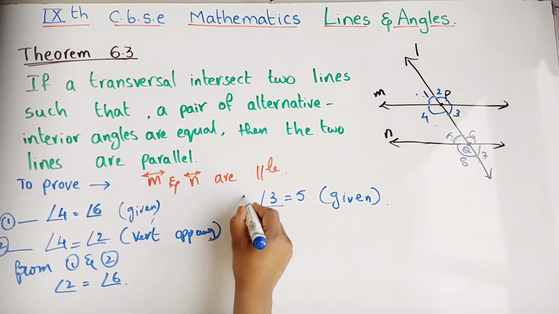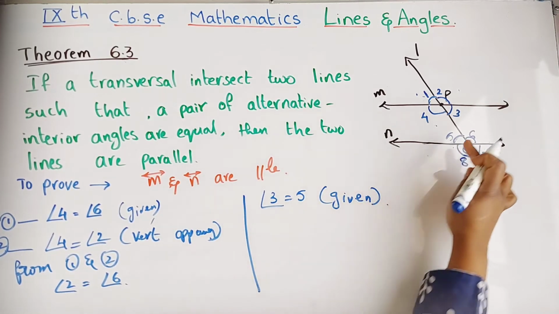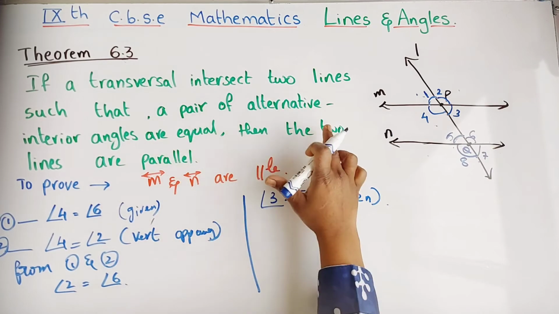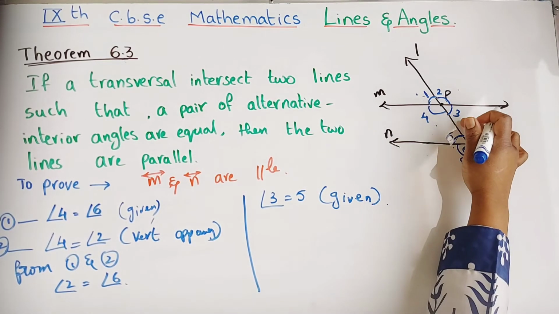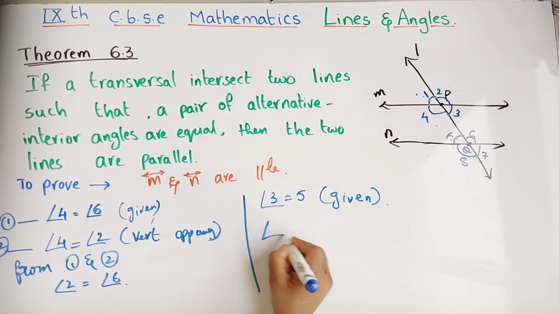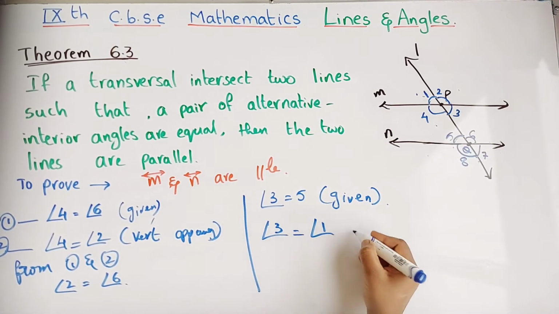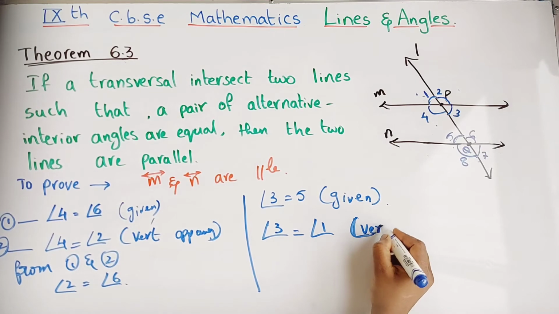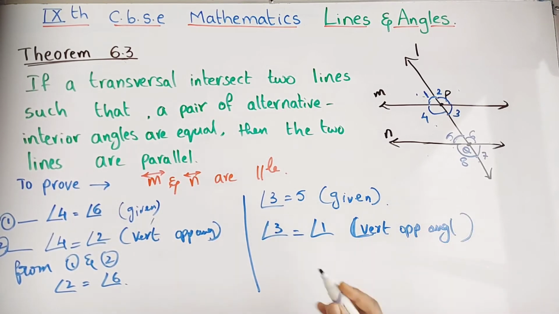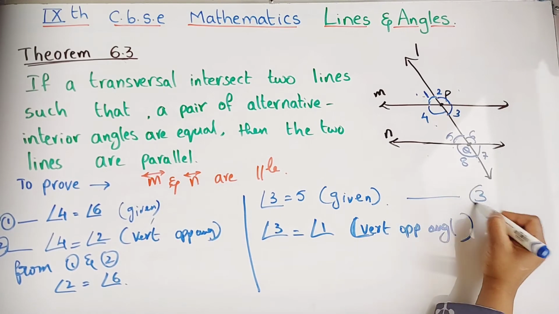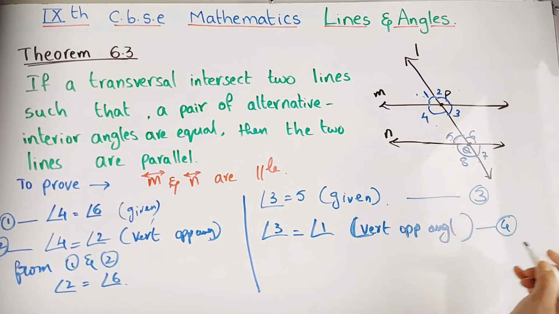Right, children? Now we will see this side. Angle 3 equal to angle 5, it is given a pair of alternate interior angles are equal. But angle 3 equal to angle 1 here, from vertically opposite angle statements. Right. Here this is statement 3, this is statement 4.